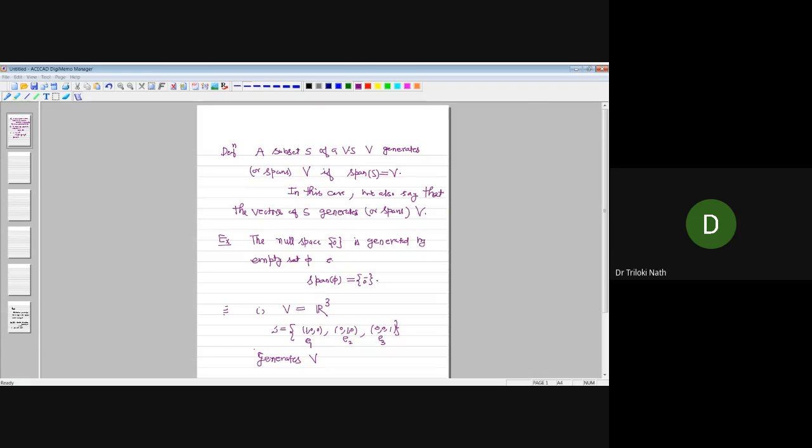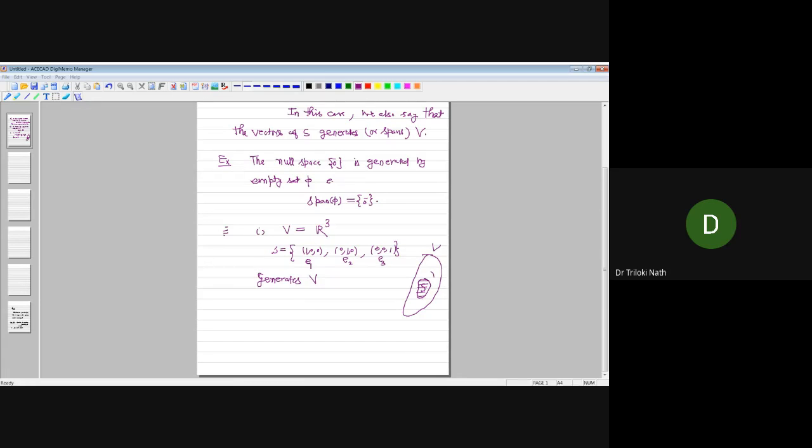Generates means, let us suppose this is your whole vector space V, and this is your small set S. The span of S will be bigger than S, or maybe the same. This span is a subspace of V, because it can be V or smaller than V. Later on we will see why.